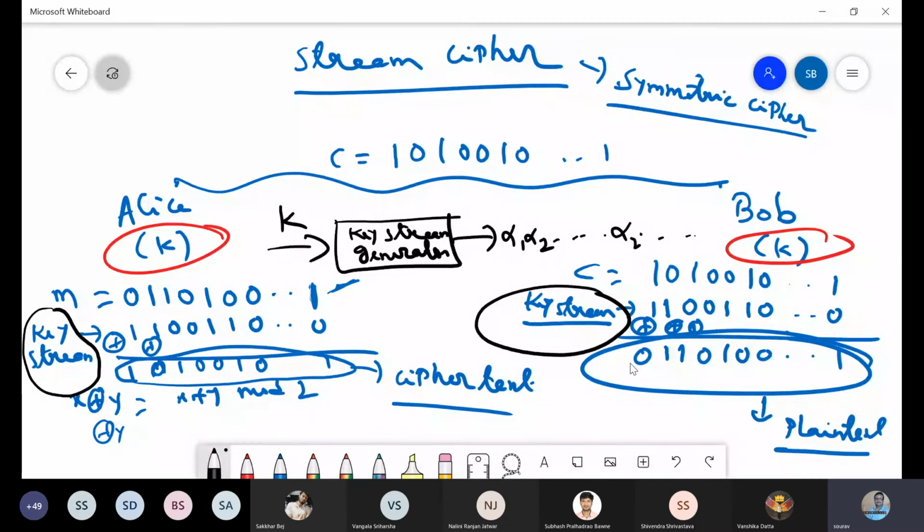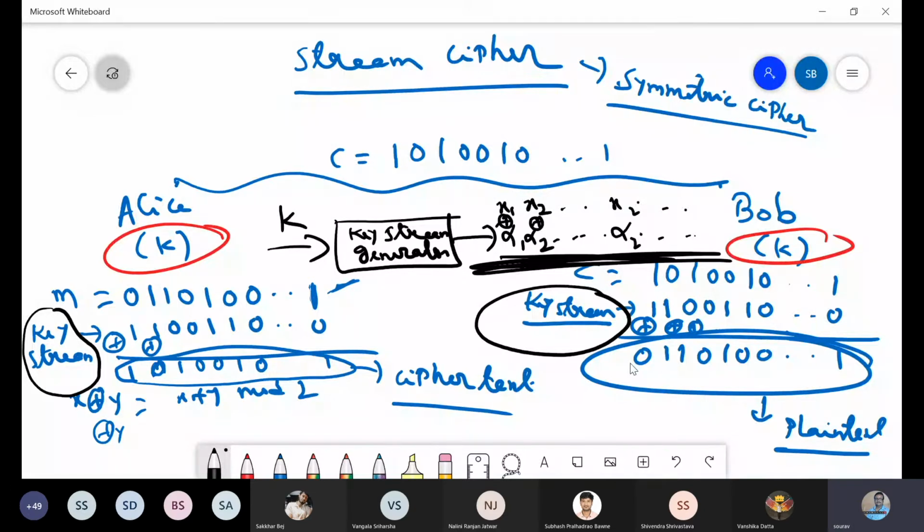Once we have it, we just do the bitwise XORing with this, and that is the encryption. Bob needs to have the same key stream generator, so that Bob gives the same input k and gets the same alphas. That is important. If Bob is not getting the same alphas, then Bob will not be able to get the message back.